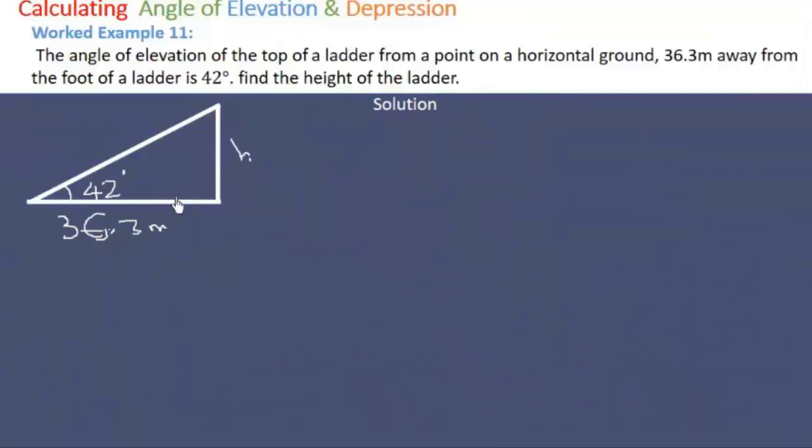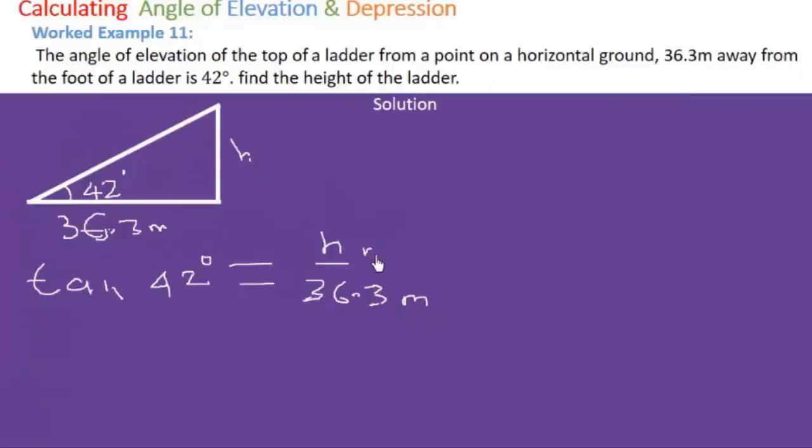So this is involving tan. So we have tan 42 degrees. Tan 42 will be equal to opposite, which is h, over adjacent, which is 36.3 meters. So h meters over 36.3 meters.